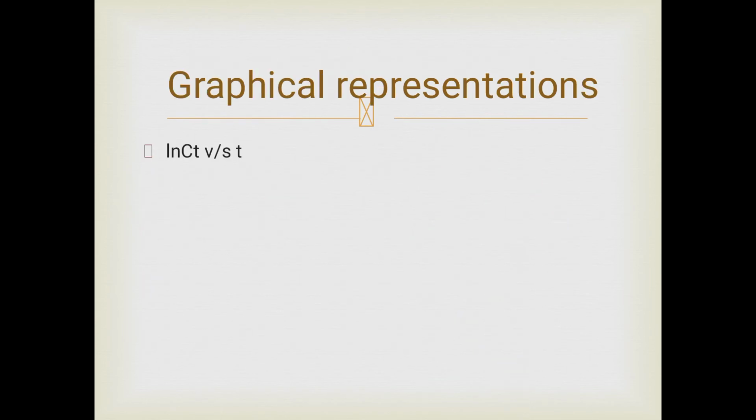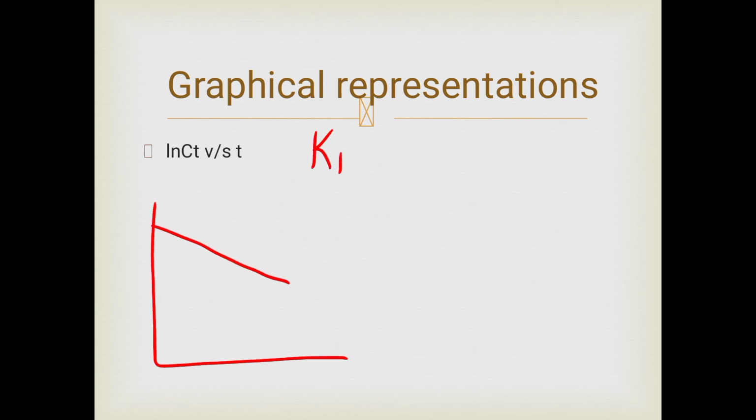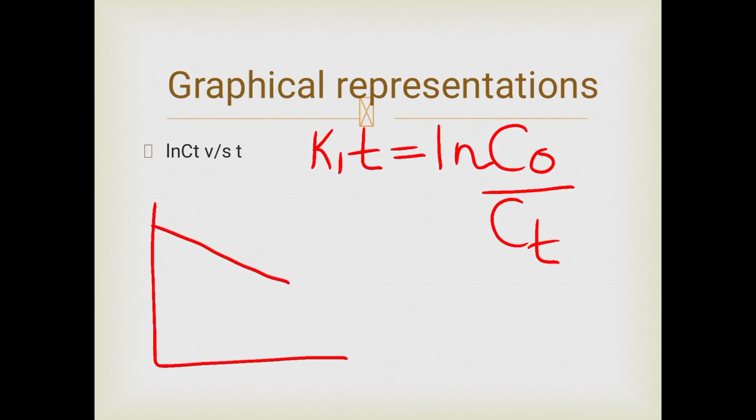Now coming to graphical representation. For first order, the graphical representations are very important. First graph, ln of Ct versus t. The graph is like this and you have a negative slope. Your equation is the main equation, that is k times t is equal to ln of a upon a minus x. Here I replace a as c0 and a minus x as ct. C0 is my initial concentration and ct is the concentration at time t.